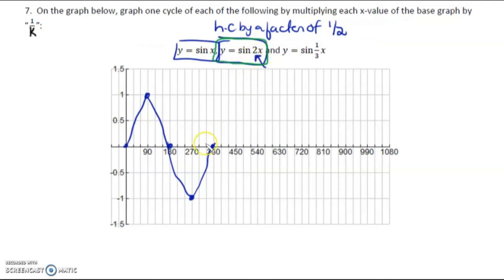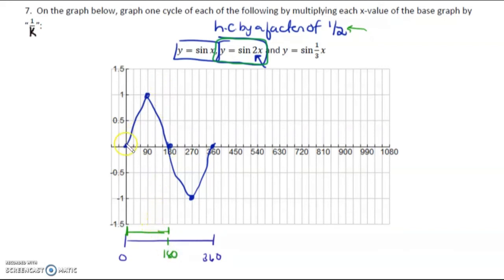We're going to take every single x value and we're going to half it. Right now, the period of the blue graph goes from 0 to 360. So we're going to half that, and have an entire rotation between 0 and 180.